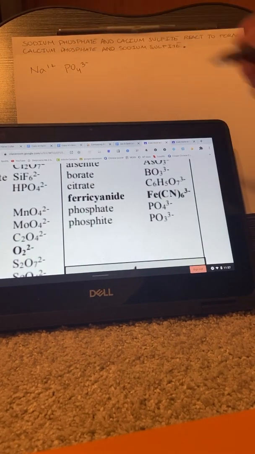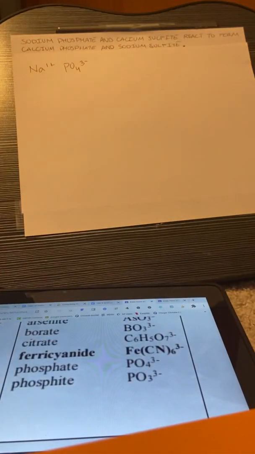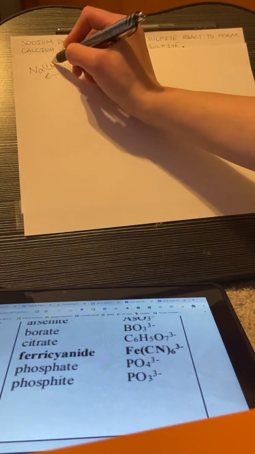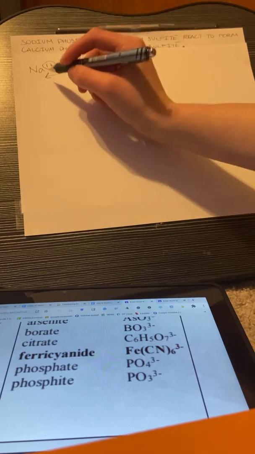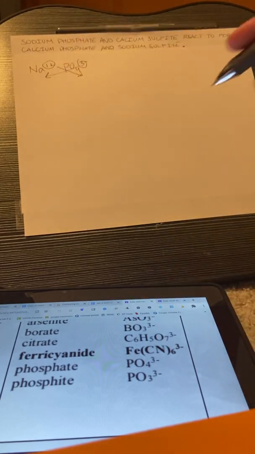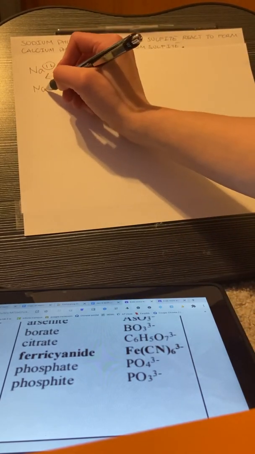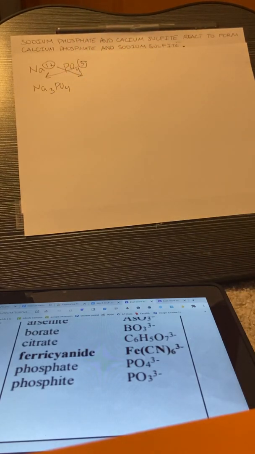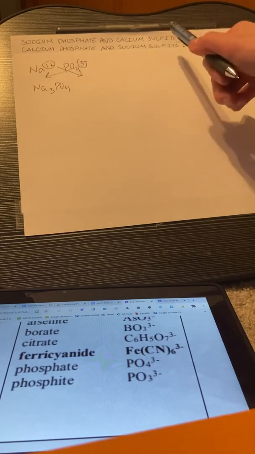So what you're going to have to do next is balance this using the crisscross method. You're going to bring the 3 down over here and the 1 down over here. But since that's just a 1, you just don't write it. So it's going to be Na3PO4.